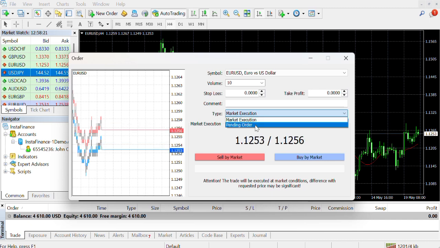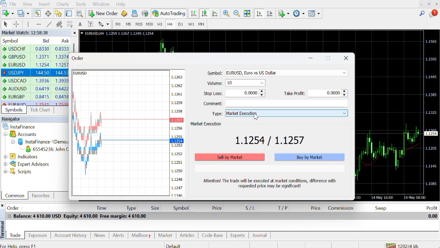But pending order is where you will set it and ask the system to open the trade when the price gets to a particular level, either a sell trade or a buy trade for you. But for this, we are going to leave it at market execution. The pending order will also be a topic to discuss in subsequent videos.